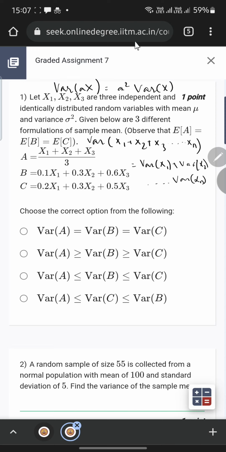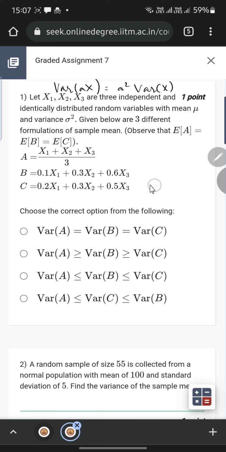So let us solve the questions here. Variance of A would be variance of x1 by 3 plus variance of x2 by 3.